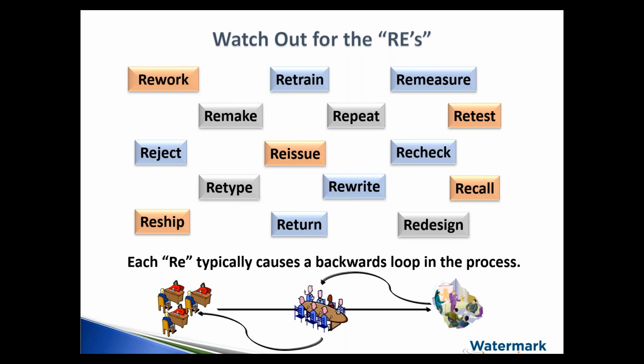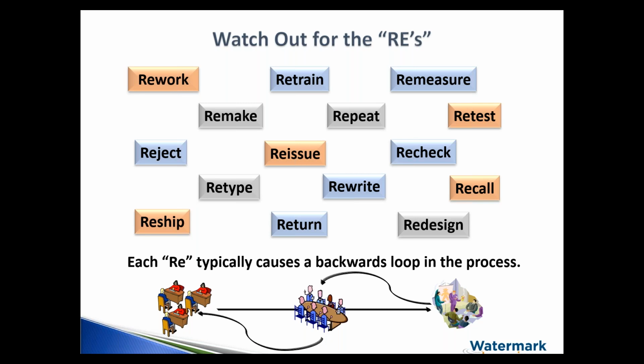But anytime we have an RE, that means we have to redo something. We might have rework. We might have to remake it, retrain, repeat that process. Maybe we rejected something, which means we have to make it over again if we are making widgets, or reship it, or it gets to be a return.